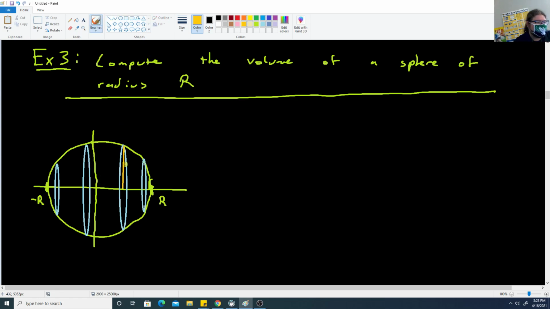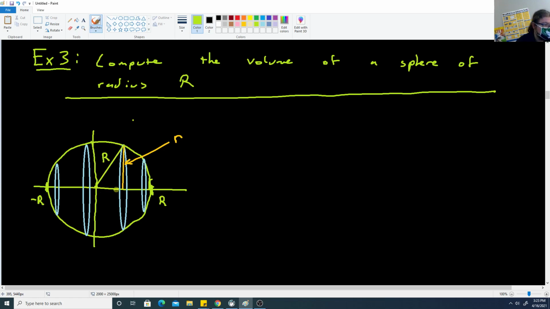So if we call this right here little r, since we know the sphere is radius capital R, if I drew a line from the center out to the top here, let me use the line tool again, that would make this look slightly better. If I drew a line from the center out to that point there, since the sphere's radius is capital R, that would be radius capital R. So we have little r here, we have capital R there.